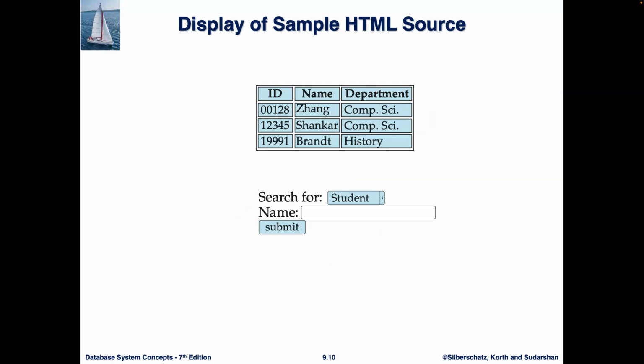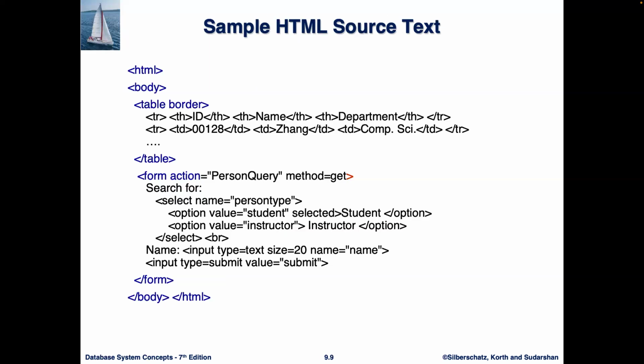For example, a row in this table might look like this: ID 00128, name Zhang, department computer science. The HTML table tag creates the structure, and each tr tag represents a row of data. When you submit a search query, the application communicates with the backend database to fetch and display the relevant information.